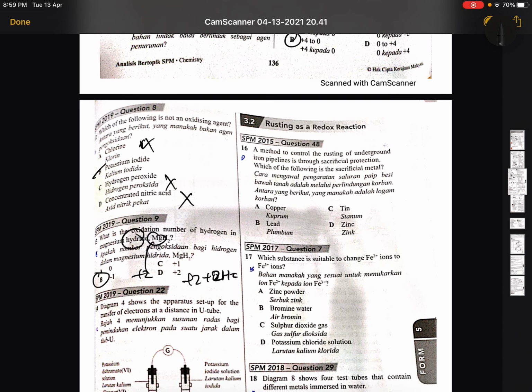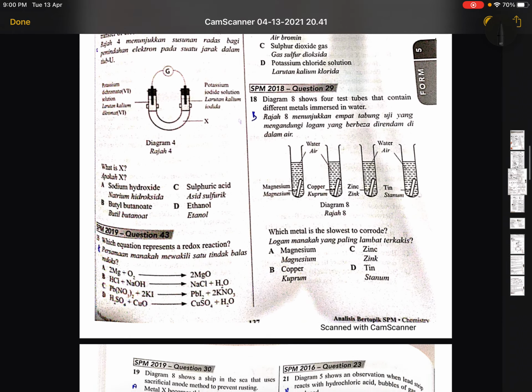So +2 plus 2H equals 0, so 2H equals -2, H equals -1. If you don't get what that means, the total charge of a stable compound has to be 0. Since Mg is known to be +2, the two hydrogen ions plus the magnesium charge of +2 will become 0. So hydrogen has to be -1 for each.